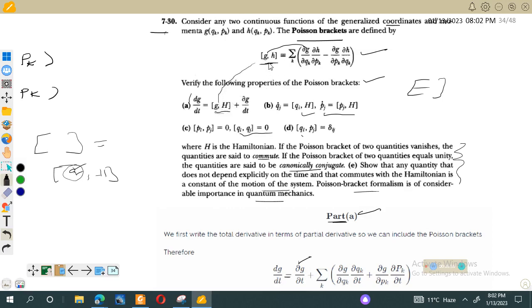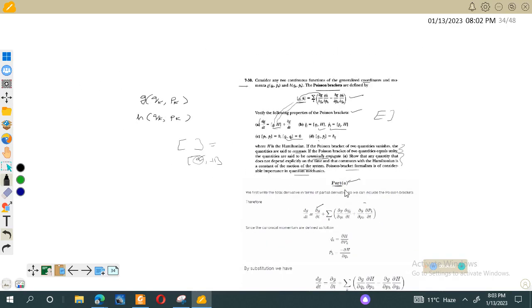Here it is g and small h, which is replaced by capital H. So we will replace the small h with capital H, and this expression will be modified with that, and similarly for p_k and these whole terms.